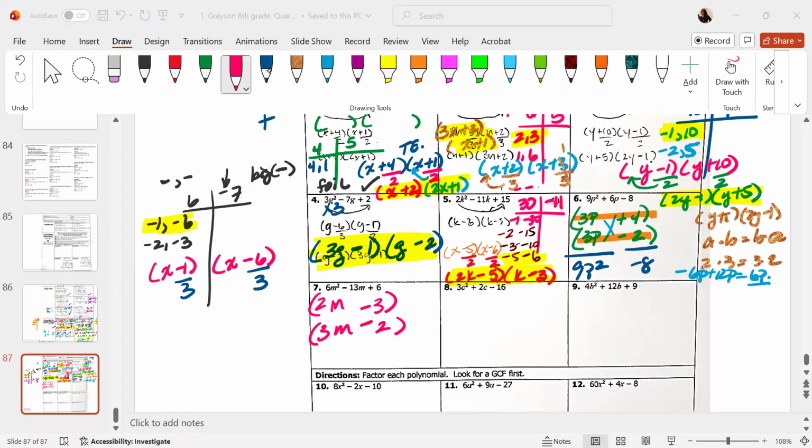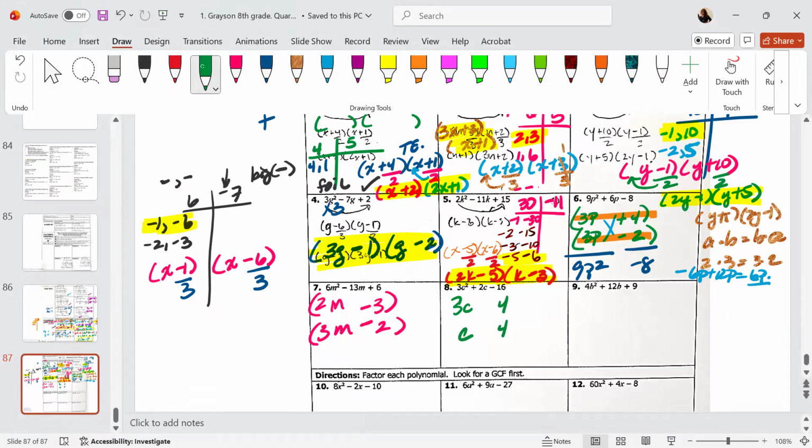All right, for number 8, we're going to have a 3C and a 1C, or just a C, technically. And then maybe a 4 and a 4. Middle is a positive, so that has to be a negative. This is a positive. 12 minus 4 is not going to give me that, so maybe do an 8 and a 2. That'll work, but I have to switch the sign.